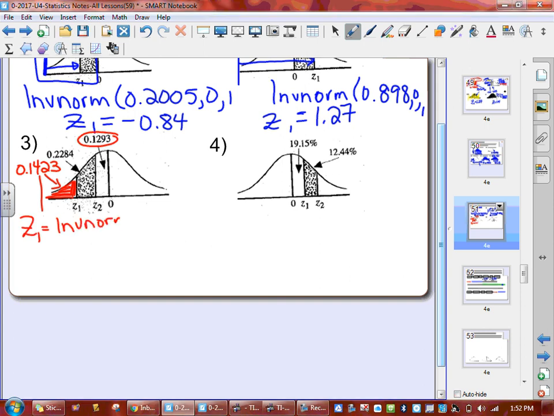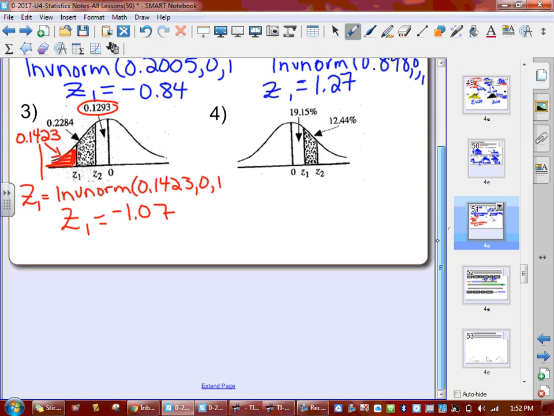Now I try to find Z2. I'm going to move it up a little bit more. So when I try to find Z2 now, I need to add these 2 regions together, because those are the two regions I have to cross through. So Z2 is going to be inverse norm 0.3707.